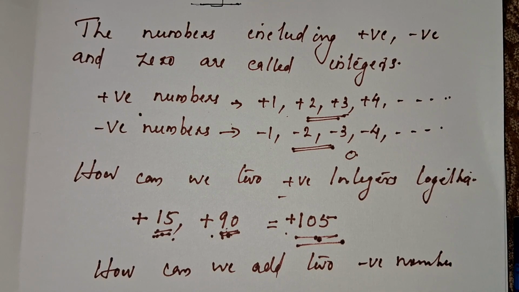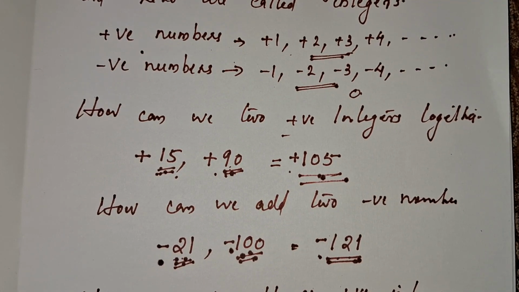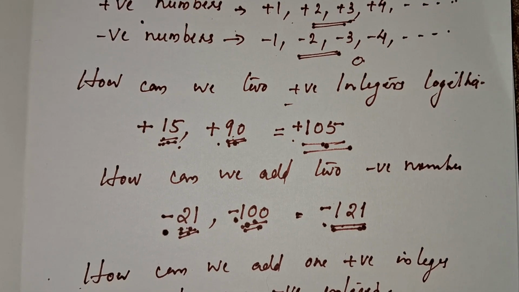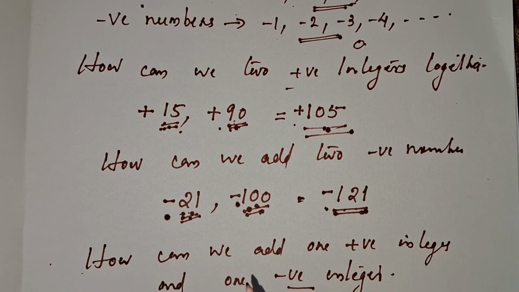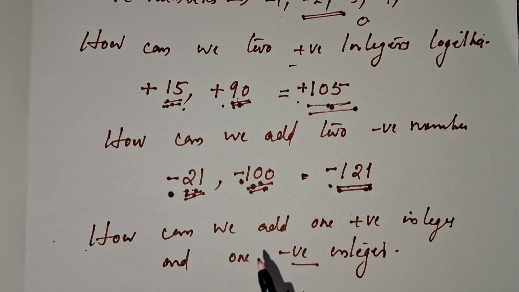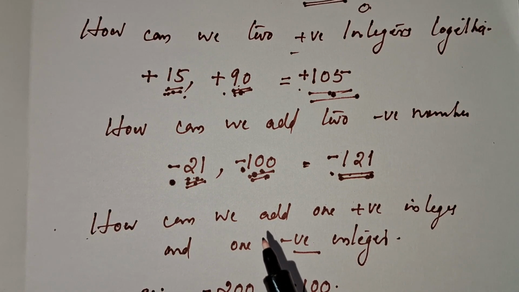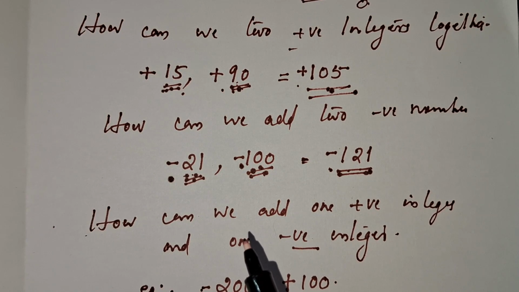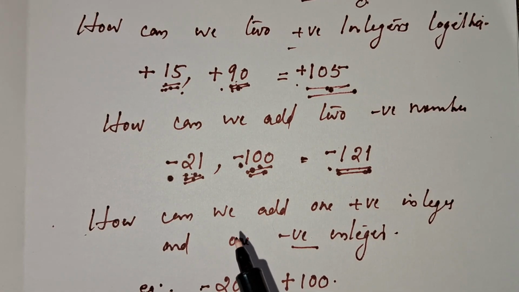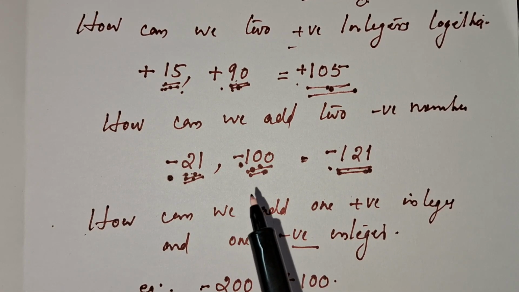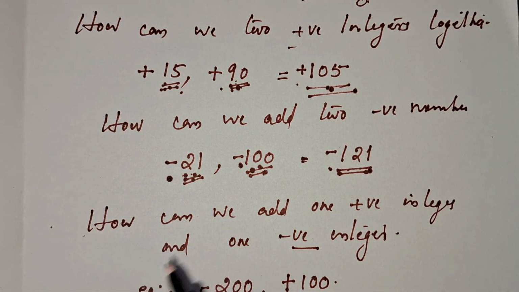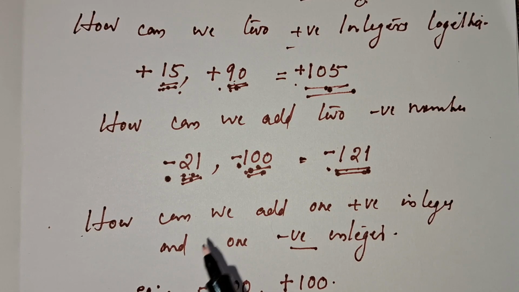The numbers plus 1, plus 2, plus 3, etc. are called positive numbers, and the numbers minus 1, minus 2, minus 3, minus 4, etc. are called negative numbers. So integers are the numbers including positive, negative and 0. Then how can we do addition of two integers?